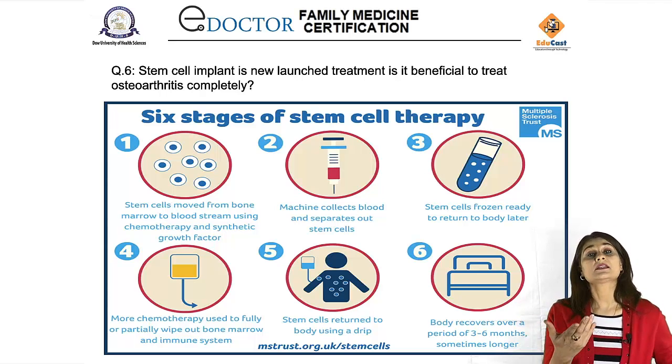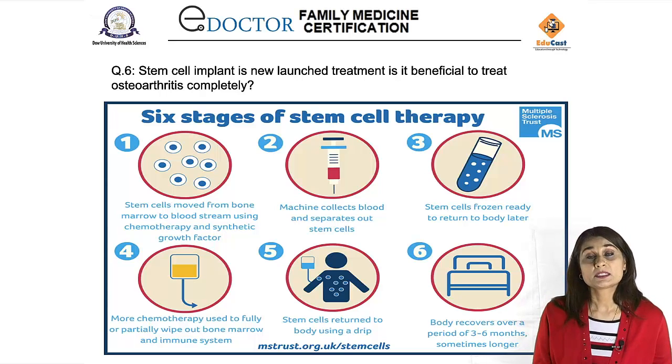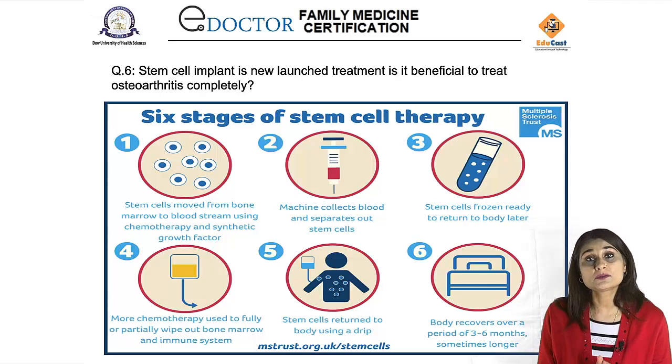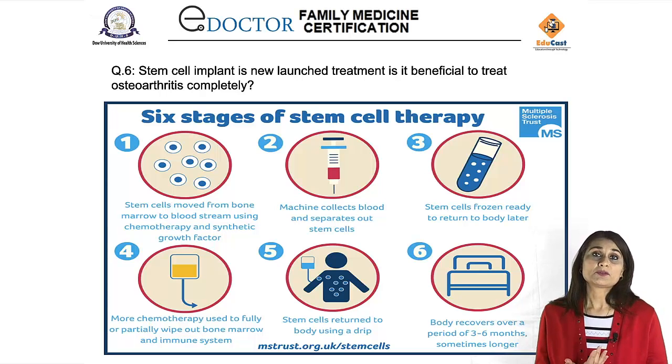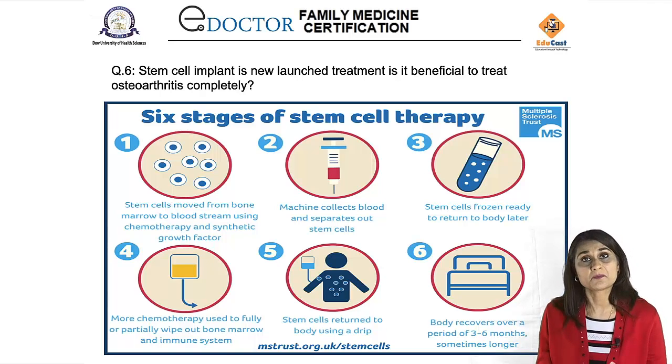So this is what I'm saying: your stem cells are not just helping to regenerate or repair. They are going to help you develop your immune system also. From bone marrow, we make our immune system. They are making RBCs, WBCs, and lymphocytes. T cells and B cells come from there.